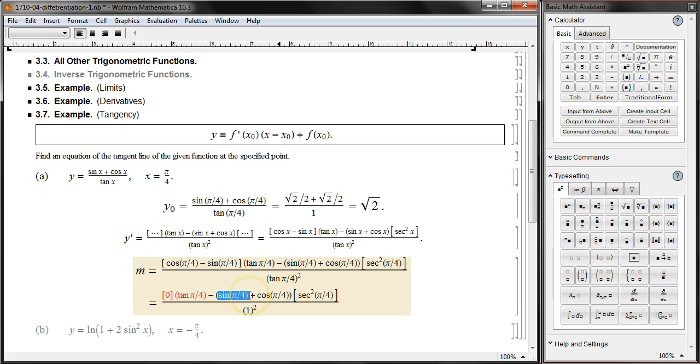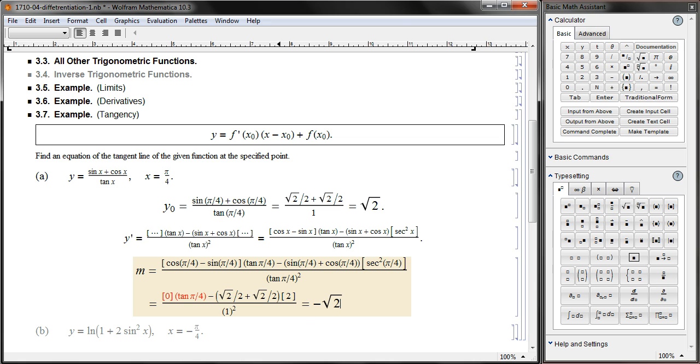Sine of pi over 4, okay, that's square root of 2 over 2. And then cosine of pi over 4, that's square root of 2 over 2. And then secant squared. Secant is 1 over cosine, so we need 1 over square root of 2, but that's squared.